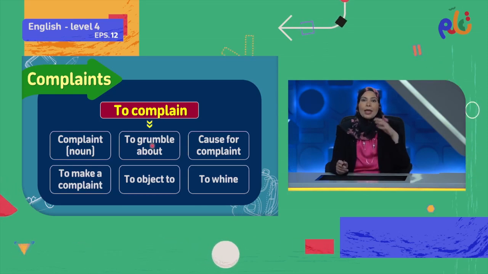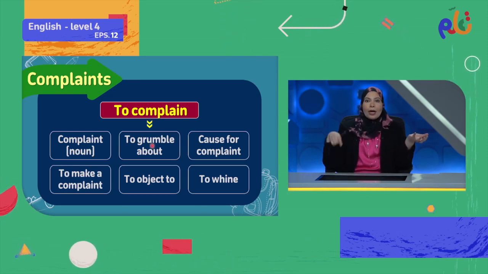So I can say he complained about or he grumbled about. The difference again is the level of formality. I can't let somebody hear me say that the customer grumbled about blah blah blah, because this is a bit informal. I can say the customer complained about, and if I am talking to a friend, she grumbled about the service.